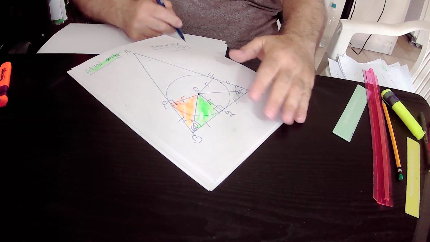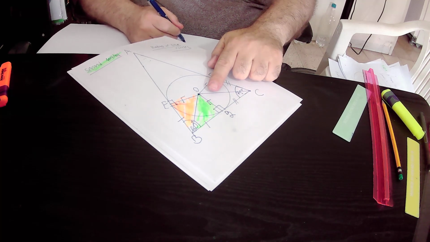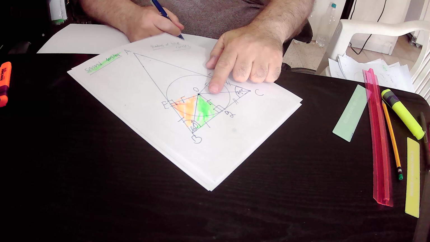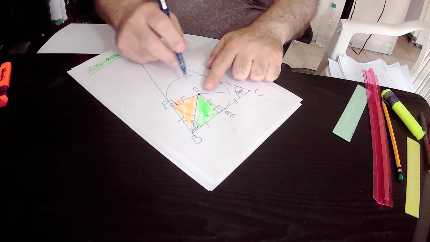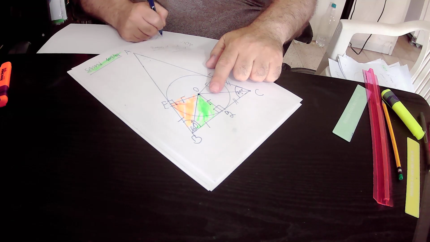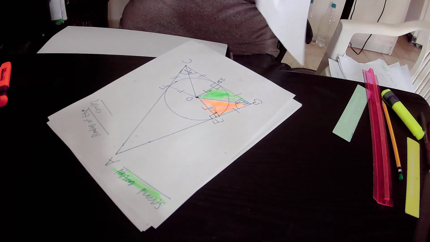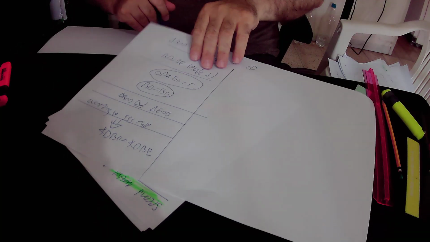That is to say, we derive that this angle, angle DBO, is equal to this angle, angle OBE. Those two angles are equal to each other.